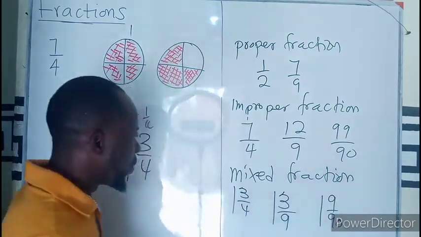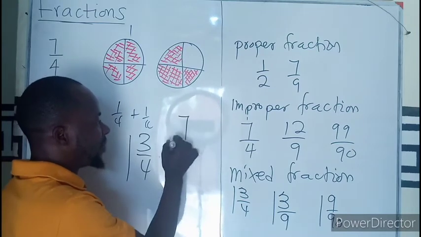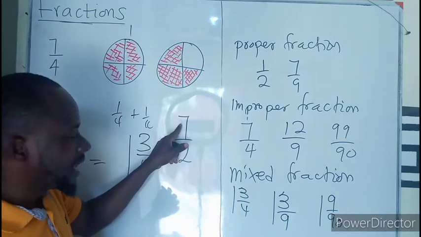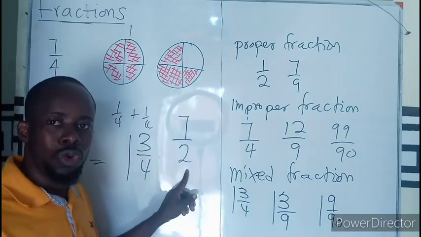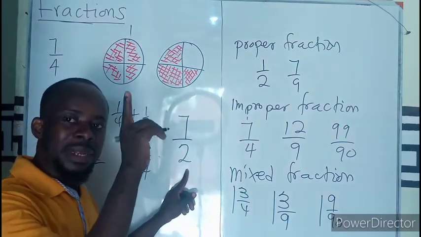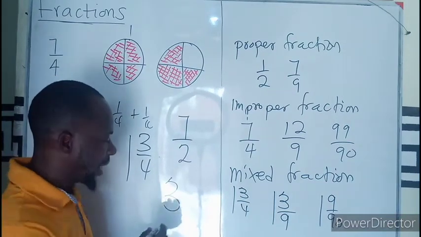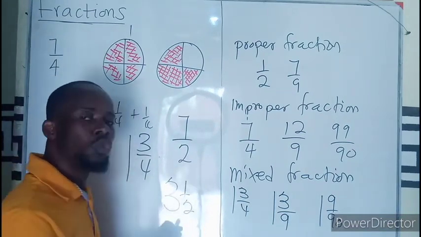What if we have 7 out of 2? Dividing 7 by 2 gives us what? 3, meaning 3 whole numbers. What is the remainder? The remainder is 1 out of 2.